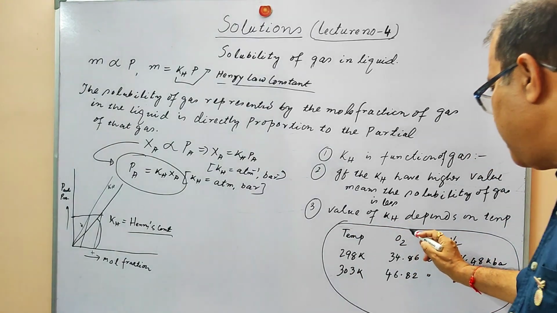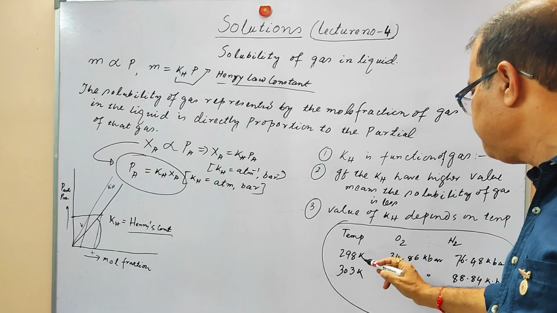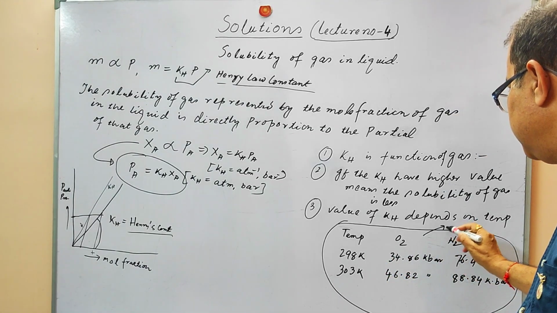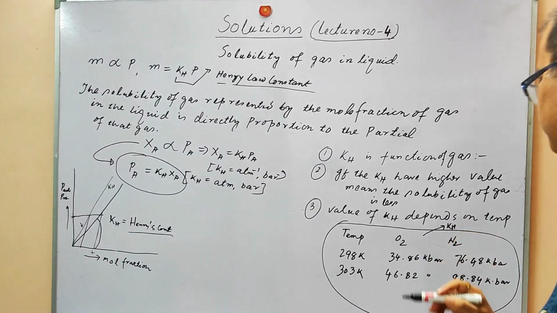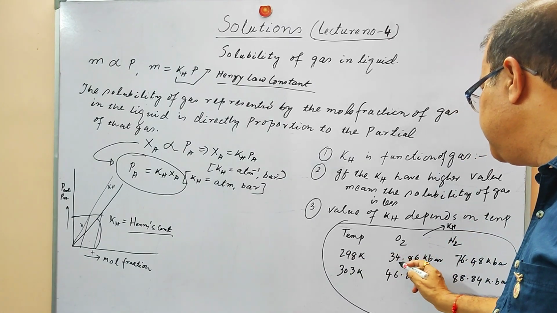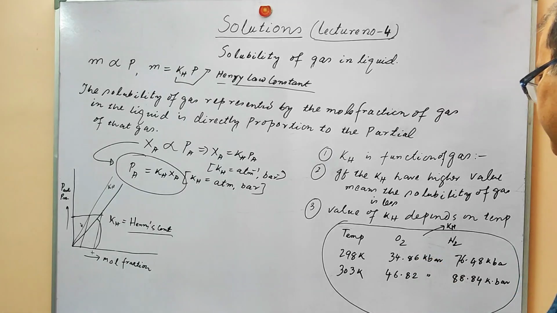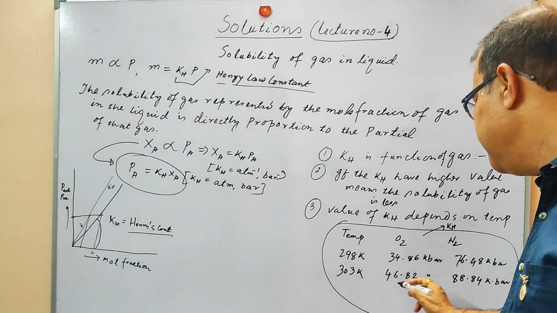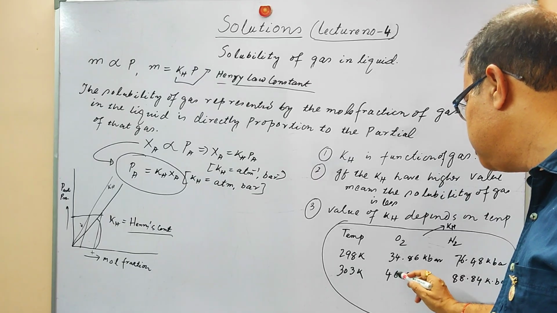You can see oxygen has the KH value, Henry's constant, of 334.86 kilobar at 298 Kelvin, whereas when you increase the temperature to 303 Kelvin, it increases to 46.82.